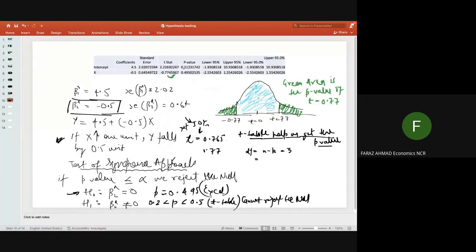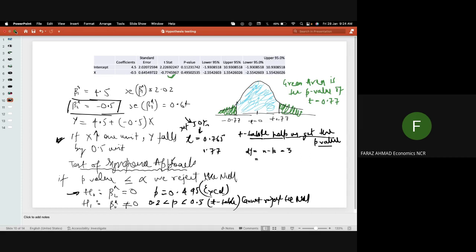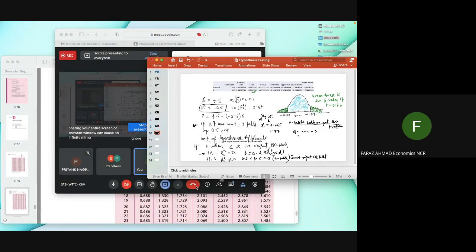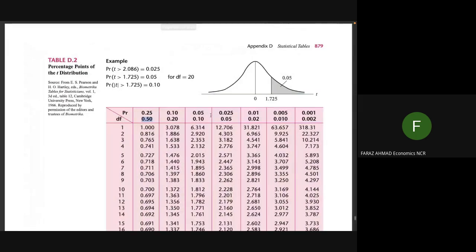So we can do the same exercise for beta 1 hat, where the t statistic is 2.22. If we have a look at the t table again, a t statistic of 2.22 for 3 degrees of freedom would be in the middle of these two numbers, 1.6 and 2.3.